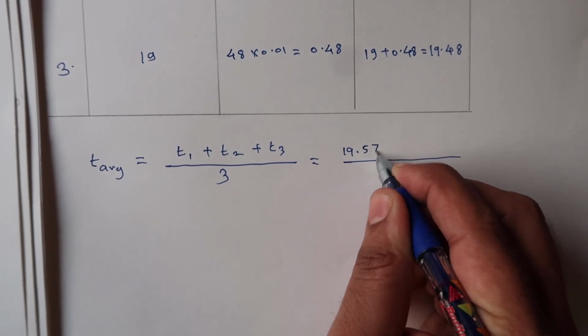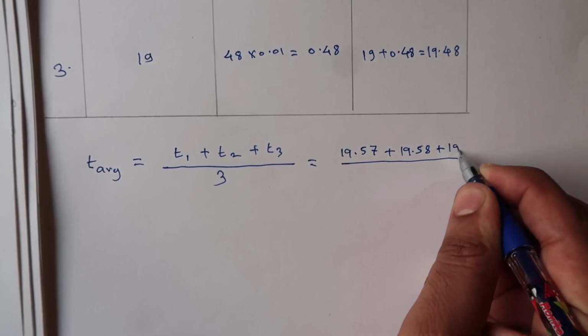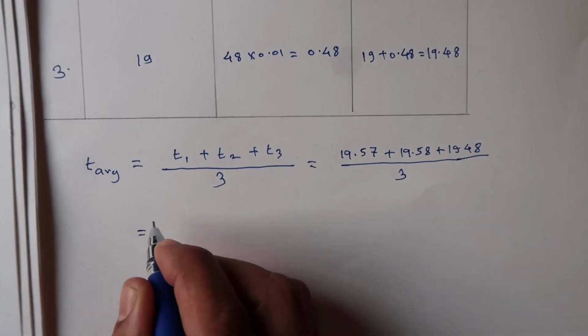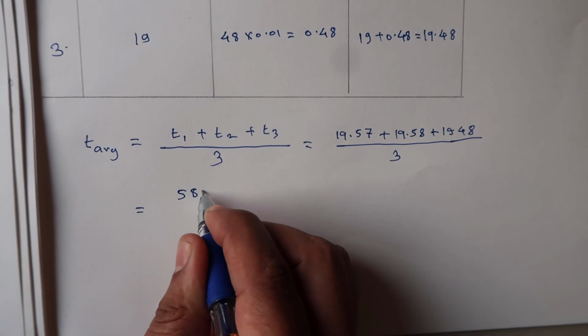T1 is this, T2 and T3. So this addition comes out to be 58.63.